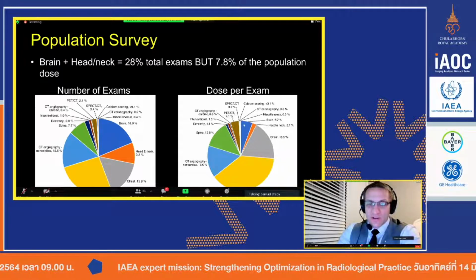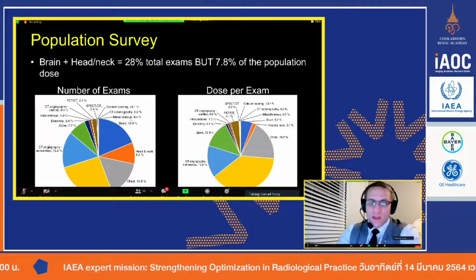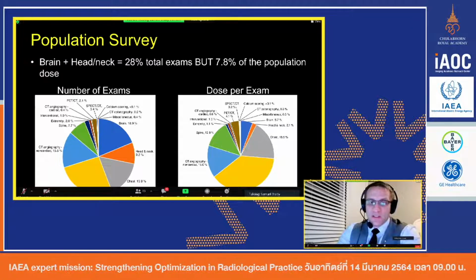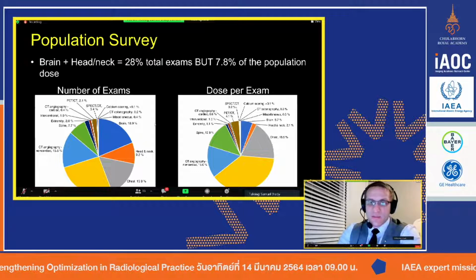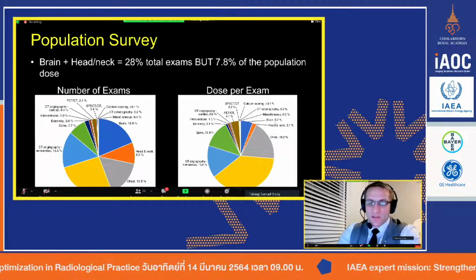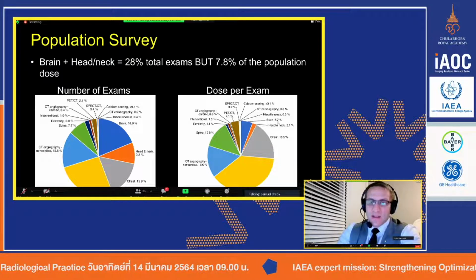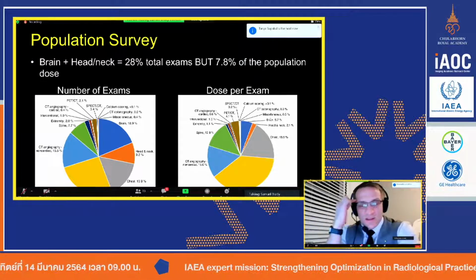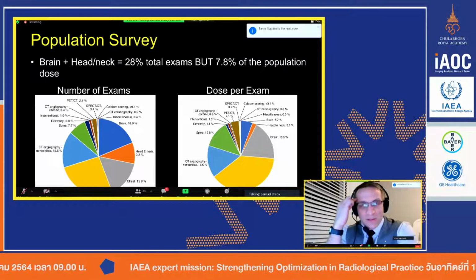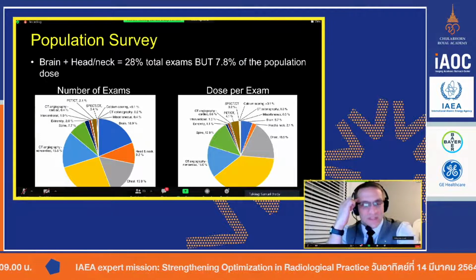It's this blue chunk right here. So about 20% of all CTs in our total population are brains, but they only account for less than 6% of the dose.